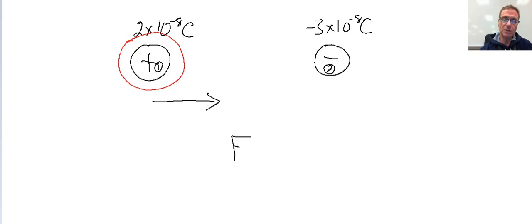So I've already decided on the direction of my force. Now I'm going to label the force F12, really for accounting purposes. This is the force on charge 1 due to charge 2. I'm going to draw a little vector arrow at the top of the force so that I know where this is going.